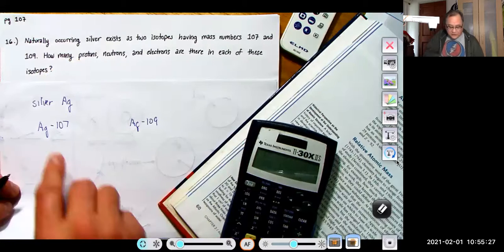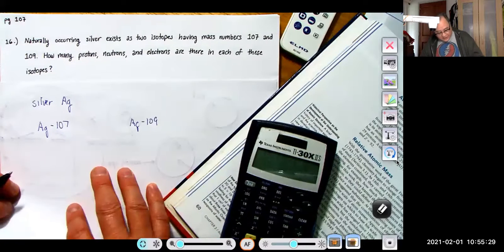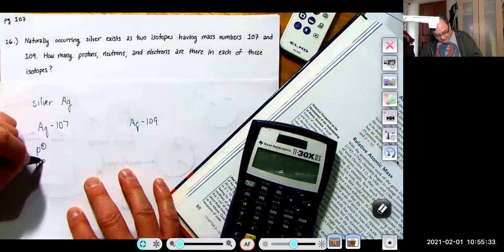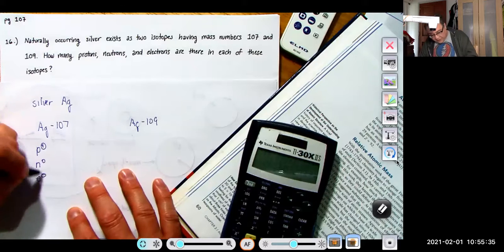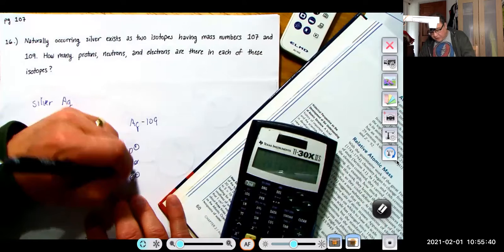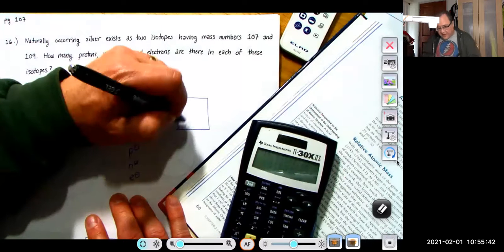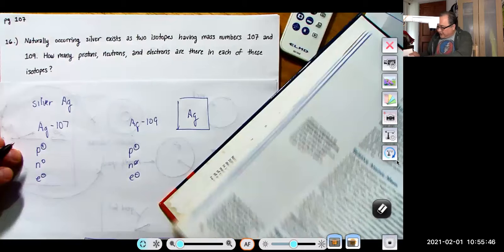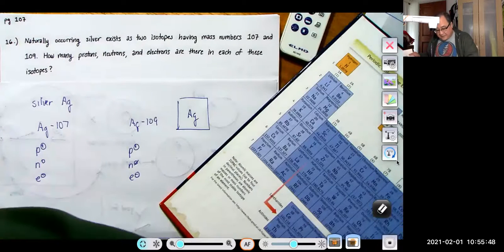How many protons and neutrons and electrons are in each of these? So protons, neutrons, electrons, protons, neutrons, electrons. What we're going to do is look this up on the periodic table, and we're going to find that silver is number 47.